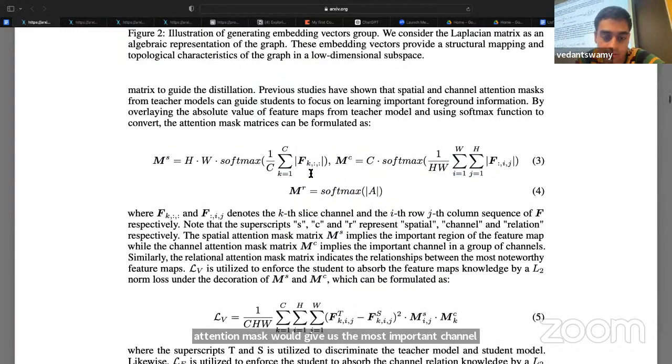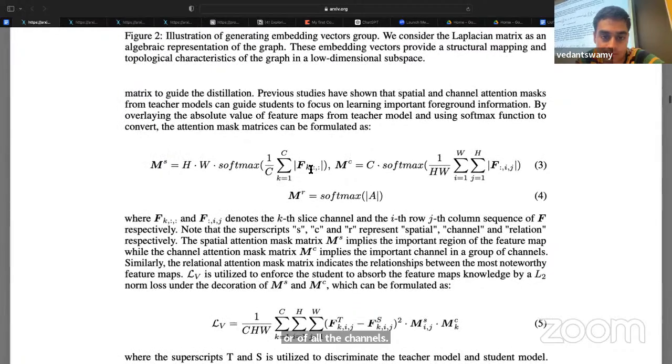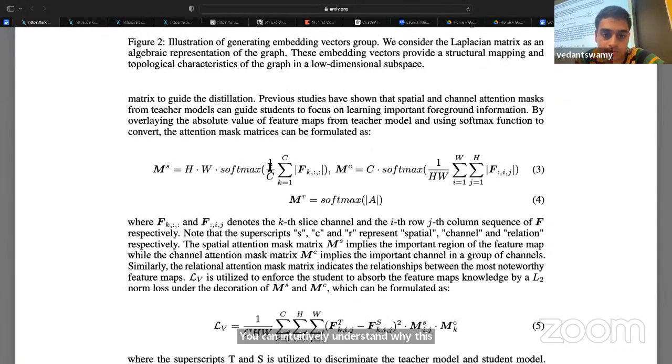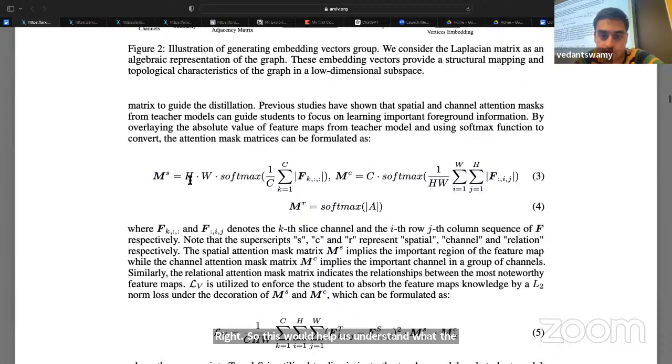You can intuitively understand why this is the case. The stuff inside the softmax function is the aggregate of all the feature maps. So this can be thought of as the average channel, and applying softmax to it helps us get the most important region inside the map, right? So this would help us understand what the spatial attention mask is.